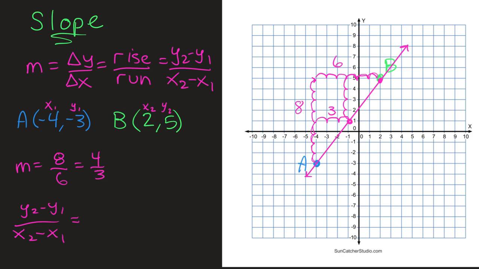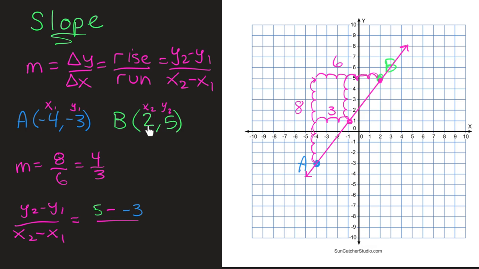We have 5 as y sub 2, so I'll put 5 there, and then I'll subtract y sub 1, which is negative 3, so I'll put negative 3 here. Then I have to put that over x sub 2 minus x sub 1.